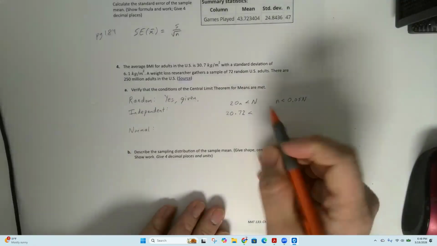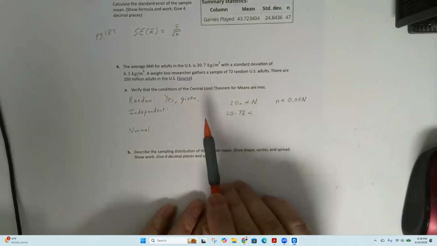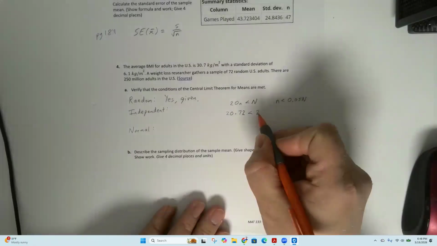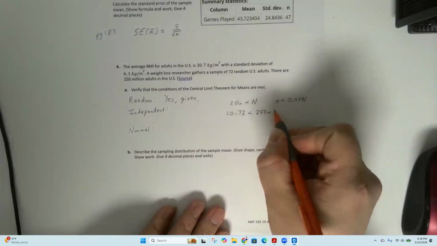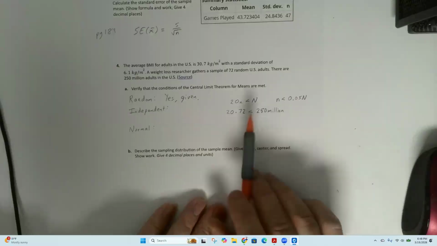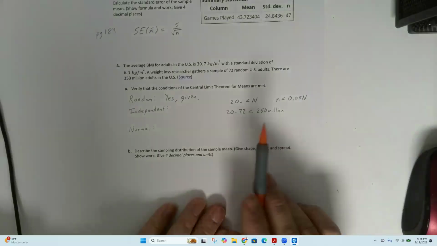What's my population size? What's my capital N here? That's the 250 million. That's everybody. Somebody do in your calculator 20 times 72 for me, please.